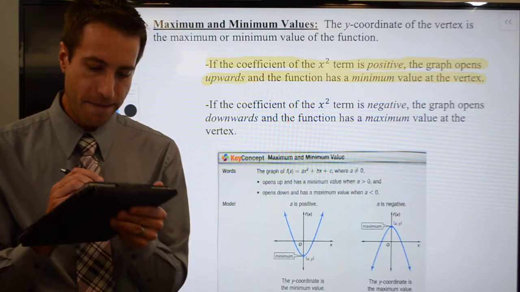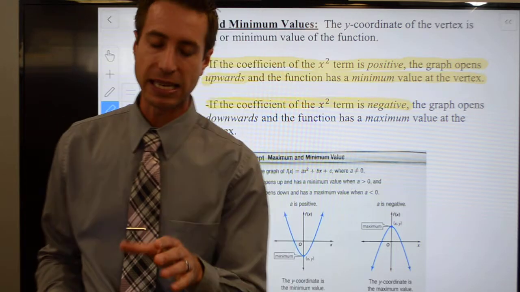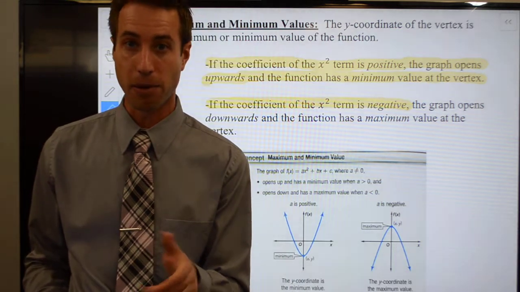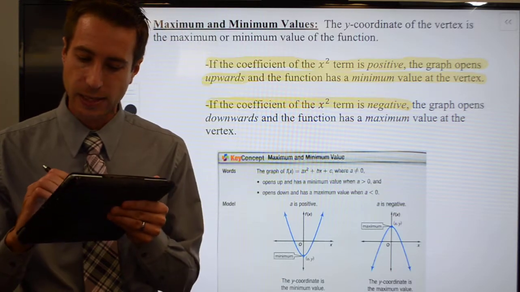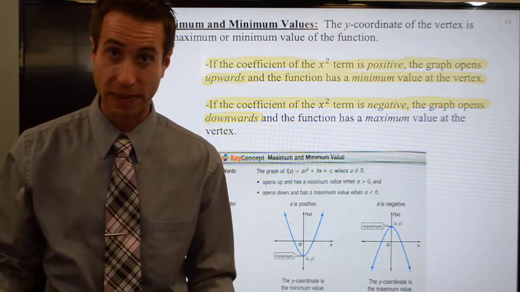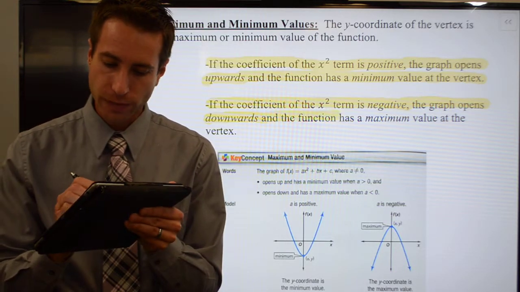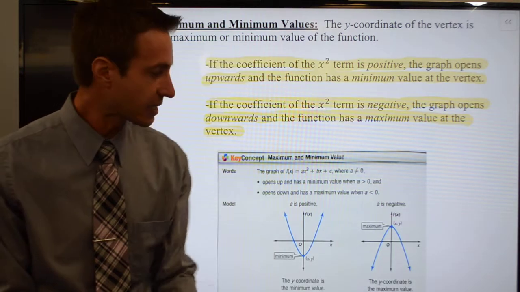Okay, the other way, if the coefficient on the x squared term is negative, what this means is if a is a negative number, your leading coefficient is negative, well, your parabola in that case is going to open downward. It's going to open down, and your function will have a maximum value at the vertex, and here's why.